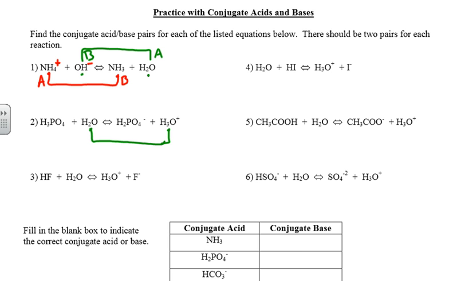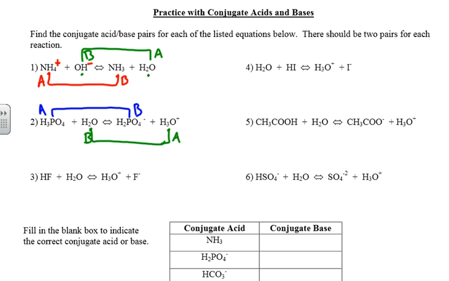Whichever one of those two has an extra hydrogen is considered to be the acid, and the one that has one less hydrogen ion is the base. Let's look at the other set, H3PO4 and H2PO4. The only thing different is one hydrogen. The substance with the extra hydrogen will be the acid, and the other one will be the base.